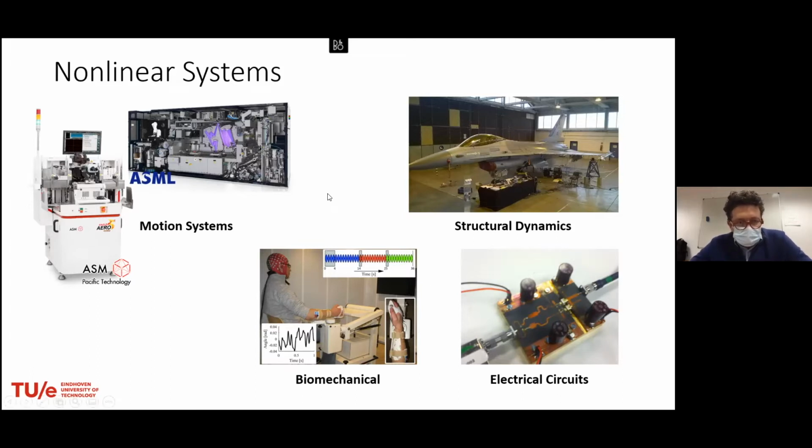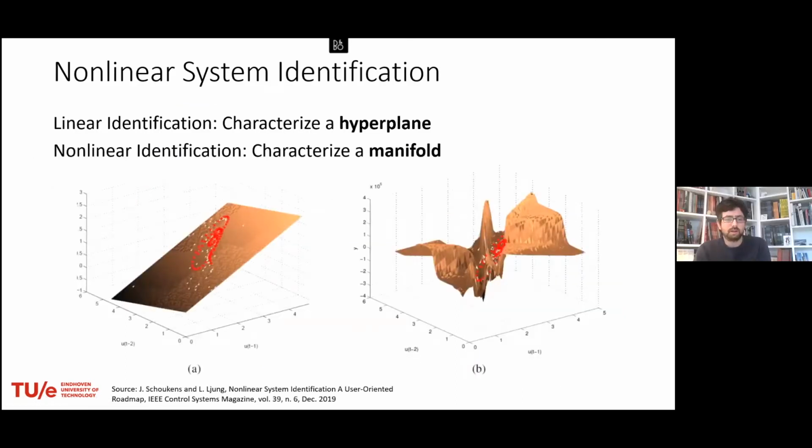Now, if you look at nonlinear system identification, it's a problem which is much harder than linear time-invariant system identification. And why is that the case? Well, a nice illustration for that is given in the Control Systems magazine paper on nonlinear system identification.